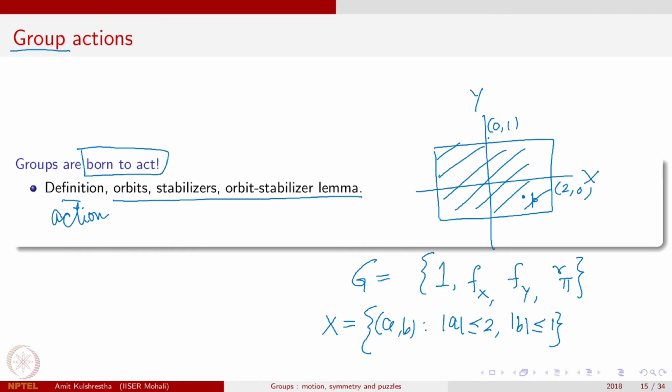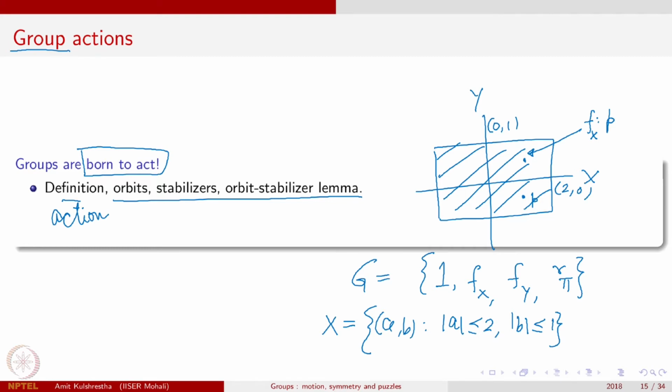Now, let me take say Fx. What happens to P when I apply Fx? That is, when I flip about x-axis, what happens to P? P goes here. So, this is what P becomes after the action of Fx.